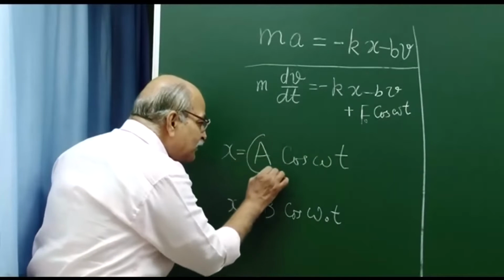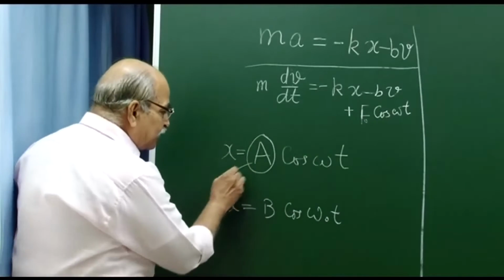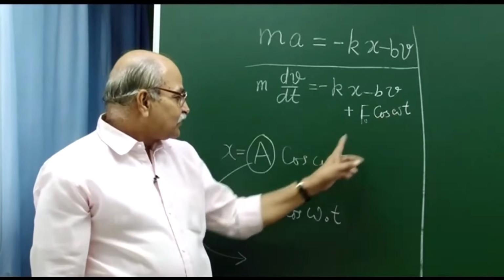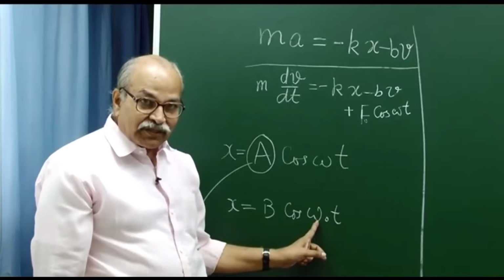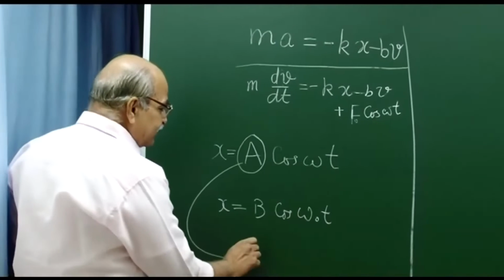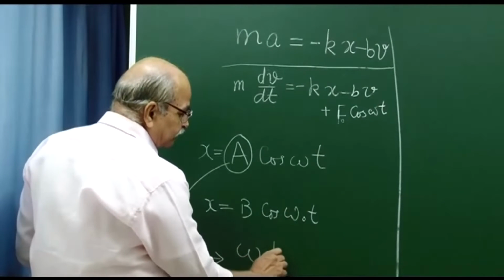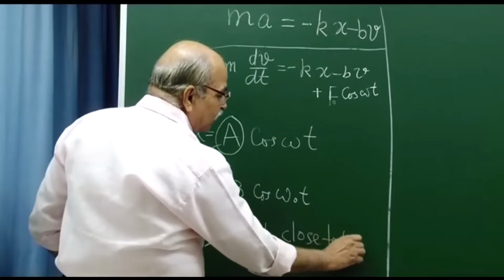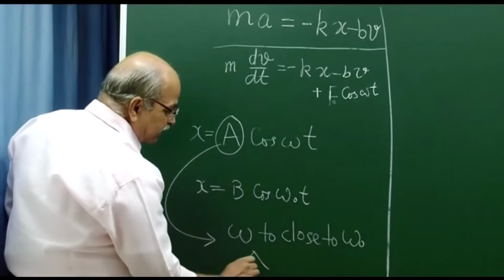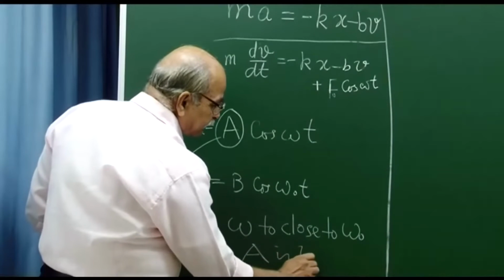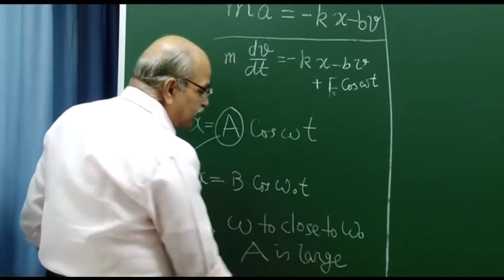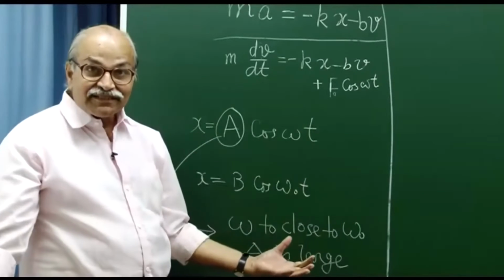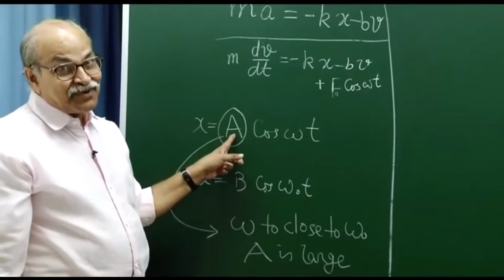So, it is the forcing frequency that decides the frequency of oscillation. And what is this amplitude A? This amplitude A depends on the relation between omega and omega naught. If omega is close to omega naught, this A is large. And if omega and omega naught are widely different from each other, then this amplitude is small.